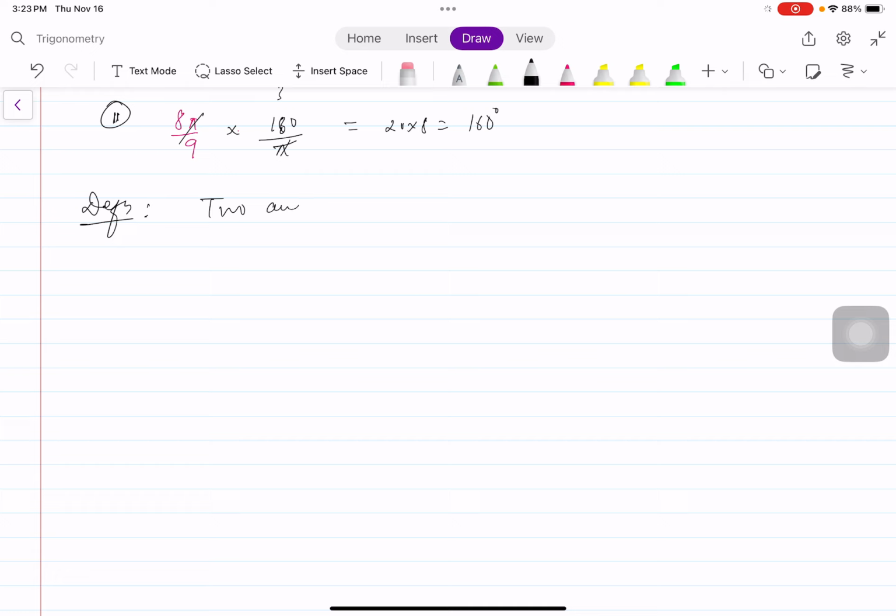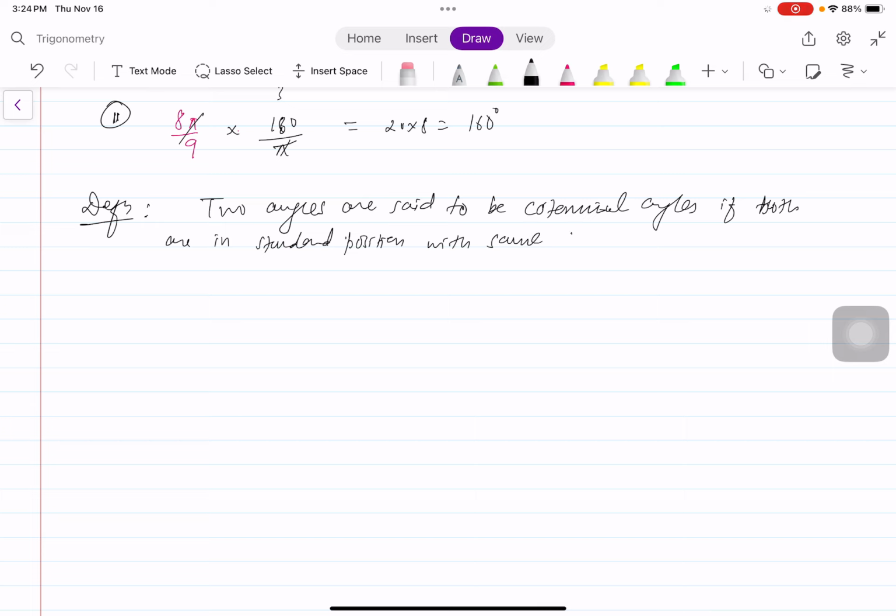Two angles are said to be coterminal angles if both are in standard position with the same initial side and the same terminal side.